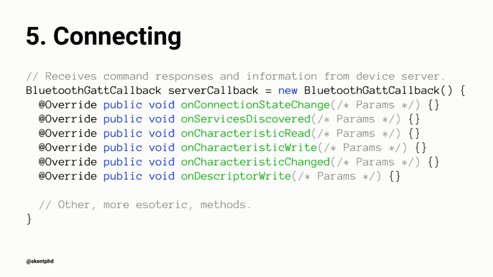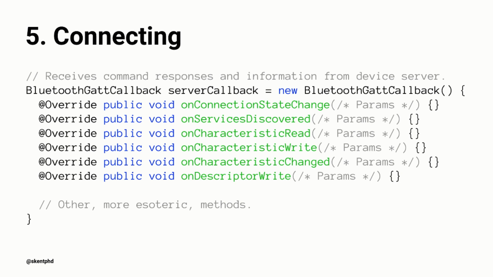The server callback is a giant thing because it is basically the single point of contact for all of the results that we're going to get. I've called out the methods that we're going to touch on in the rest of these slides, and these are the primary ones. onConnectionStateChange will occur when you first connect, when you disconnect, and when you're in between those two states. onServicesDiscovered is the next thing that has to happen.